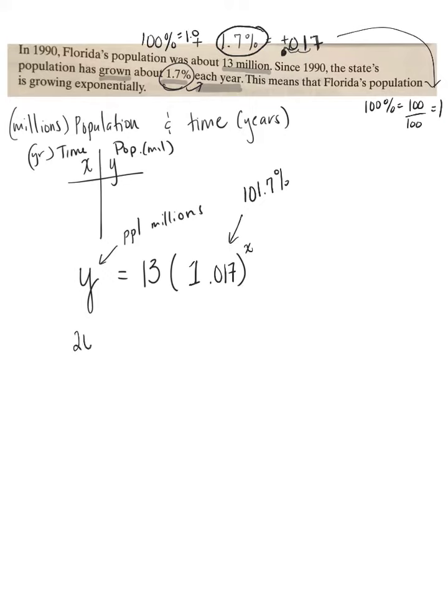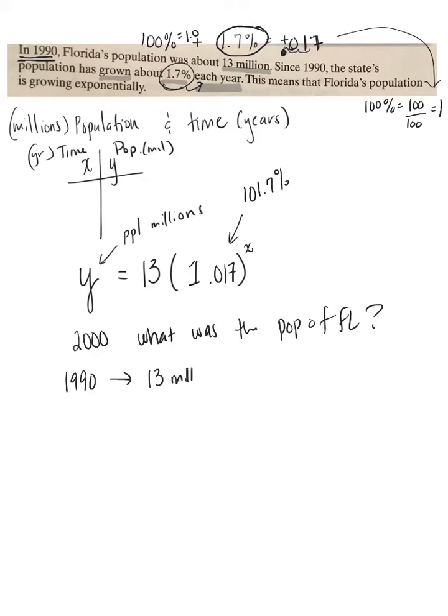By 2000, what was the population of Florida? Well, I started in 1990. So in 1990, my population was 13 million, roughly. By 2000, I want to know what my population is.